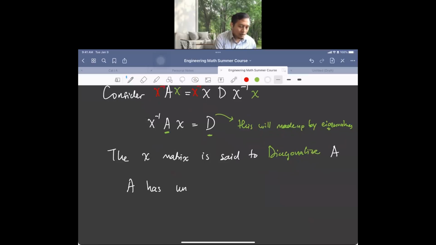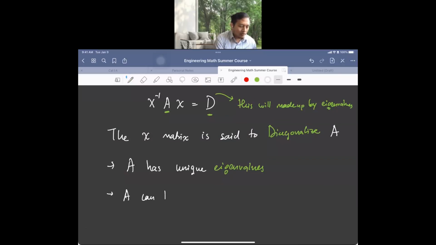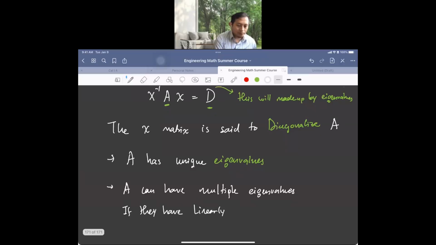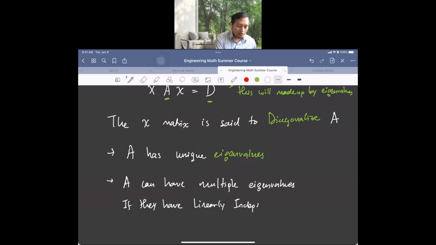And we say that A has unique eigenvalues to make this happen. And A can have multiple eigenvalues if they have linearly independent eigenvectors.